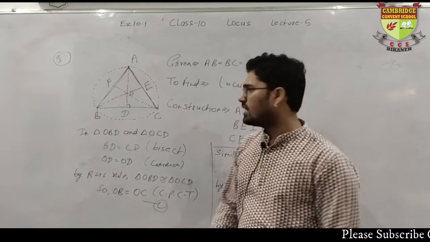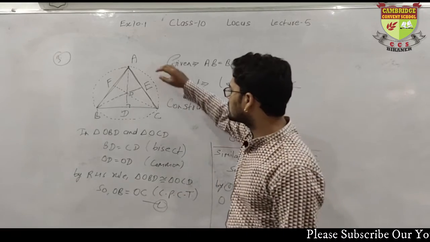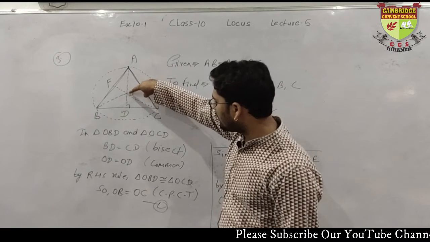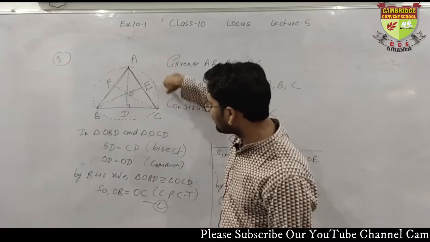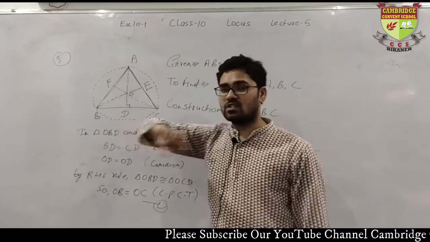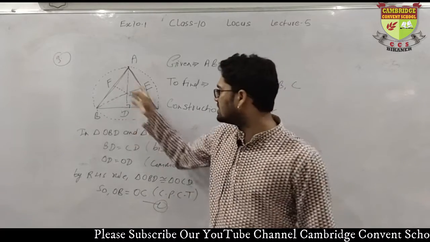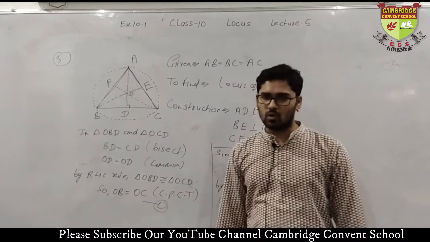So wait for that. Till then, you can visualize that when we put the pointer of the compass here and the pencil here and round it, we get a circle which touches all the vertices. So it also verifies that A, B, C are at equal distance from the point O.